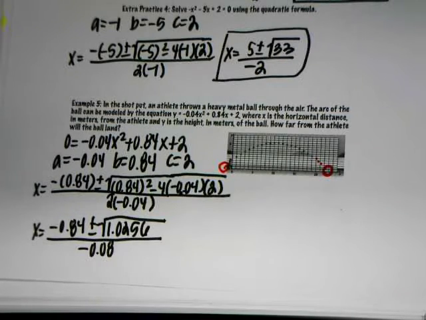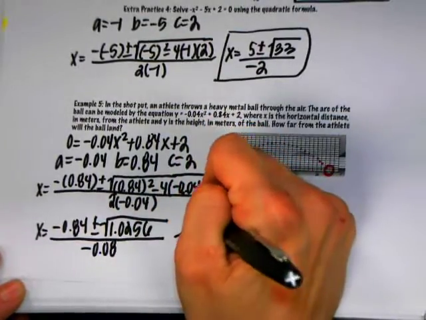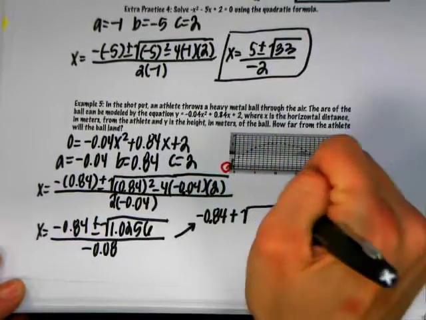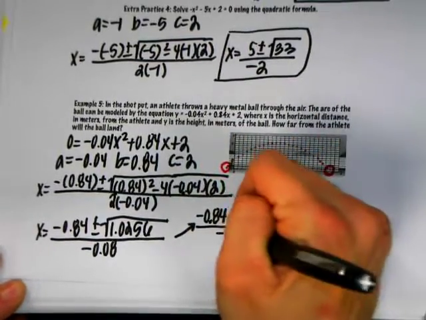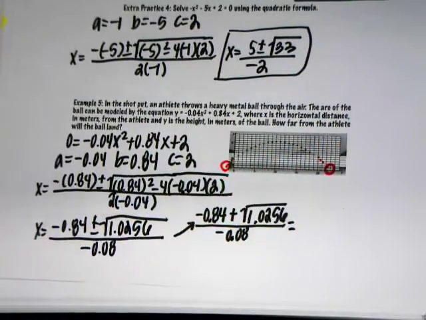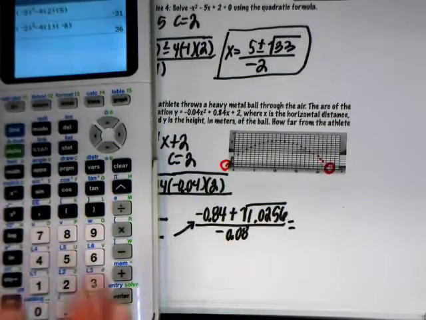So typically we'll just leave it in radical form because we just want more exact answers. But this is actually asking how far away. We want to actually know. So the rest of this you're going to do in your calculator. So we're going to do negative 0.84 plus that radical. In a calculator, do it in pieces or use parentheses around the top.